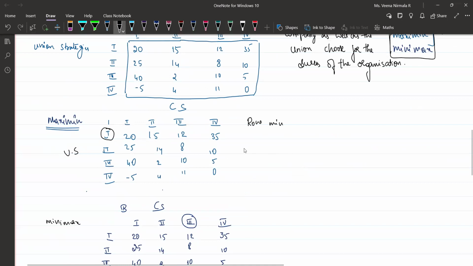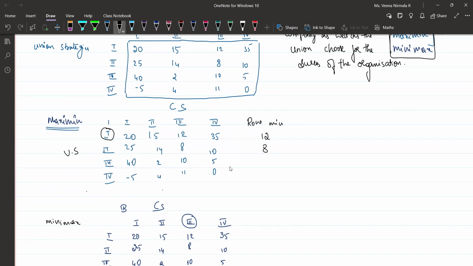According to maximin criteria, you always need to find the row minimum. So these are my rows and these are my columns. 20, 15, 12 and 35 is one row, then second row, third row, fourth row. Whenever we say maximin criteria, you need to find the row minimum. Which is the minimum here? 12. In the second row? 8.